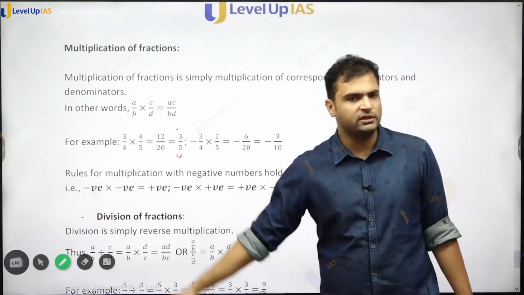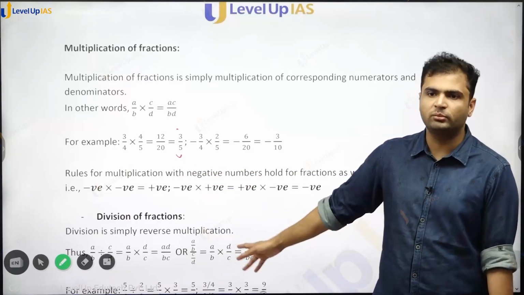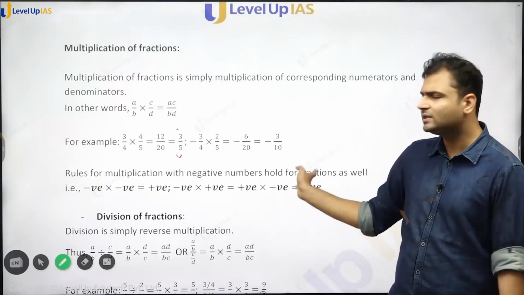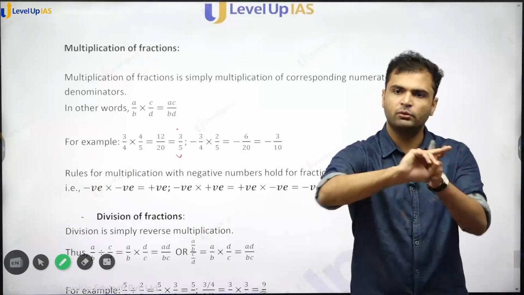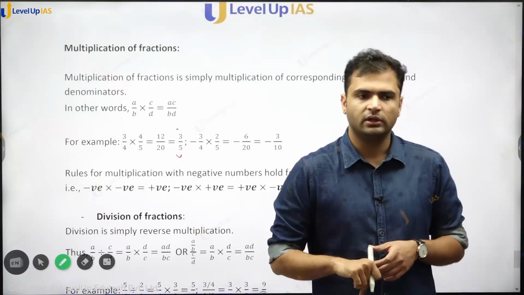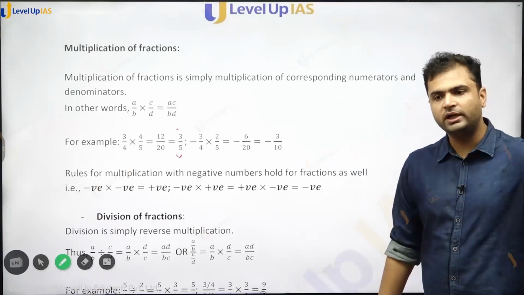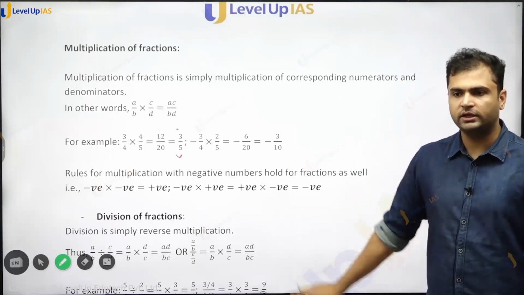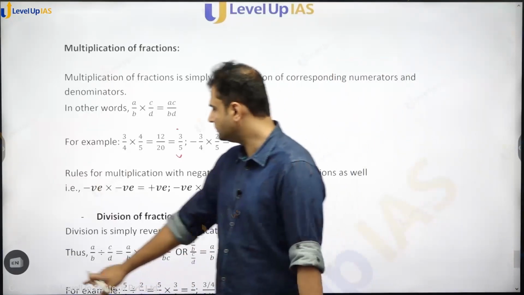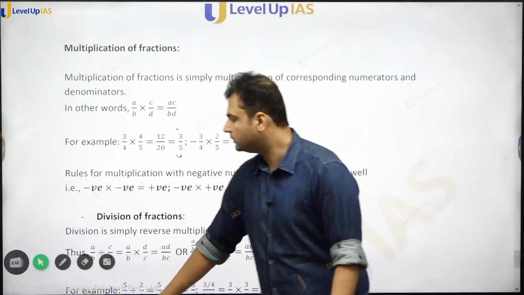Rules for multiplication, of course same: minus into minus is plus, plus into minus or minus into plus would be minus, and plus into plus is plus. Positive positive positive, positive negative or negative positive will give negative, and negative into negative is positive. Old rules जो हमने इंटीजर्स के लिए पढ़े थे, they stay here, they are valid. ठीक है, चले आगे.